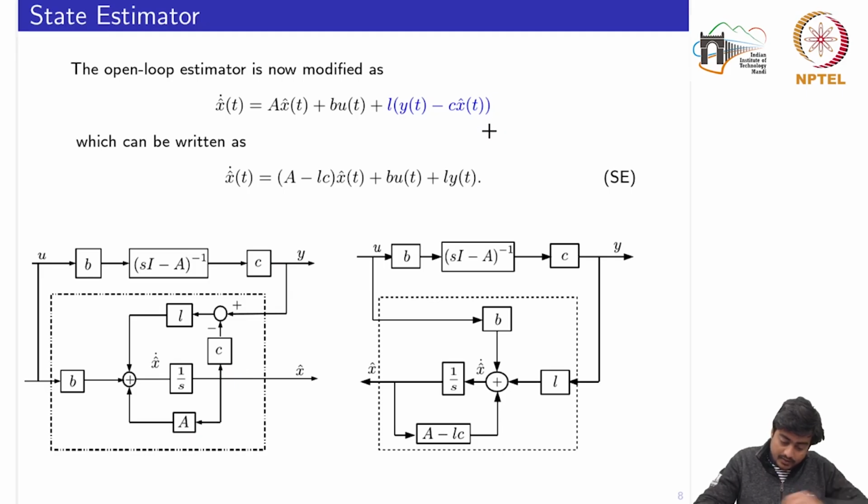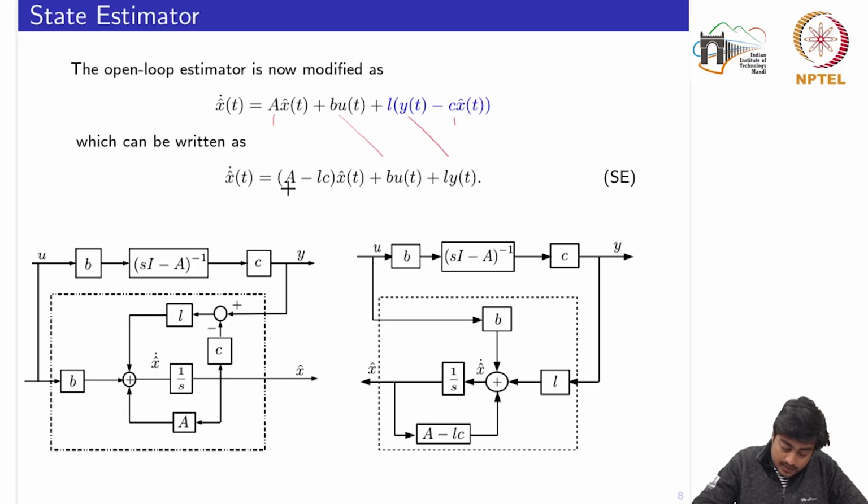After parameterizing, once you replace y hat by C x hat, I can club this term and this term. So I would have a minus L times C with a common factor x hat. This term comes as it is, and similarly this term appears as it is.